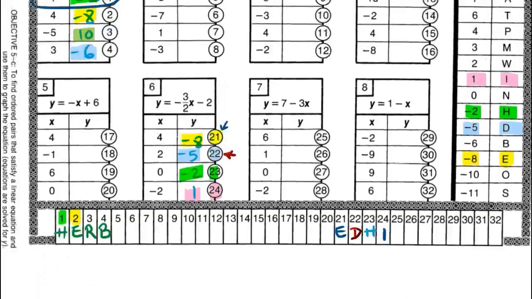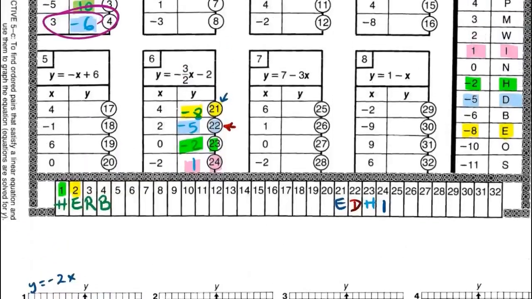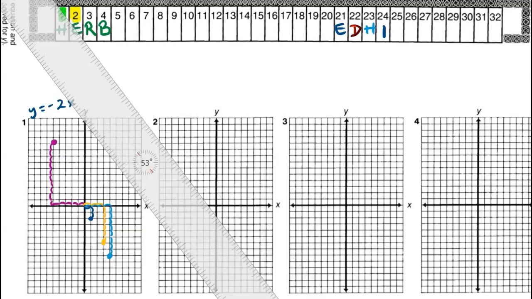And we have one more point, negative 3, negative 6. So over 3, 1, 2, 3, and down 6, 1, 2, 3, 4, 5, 6. Okay, then we draw the line through those 4 points.